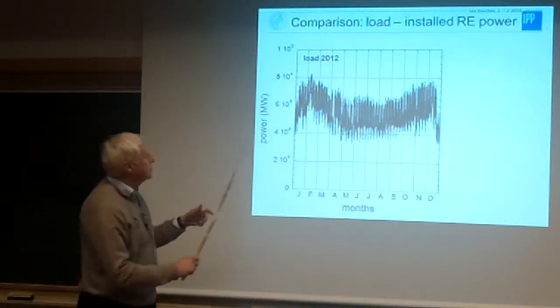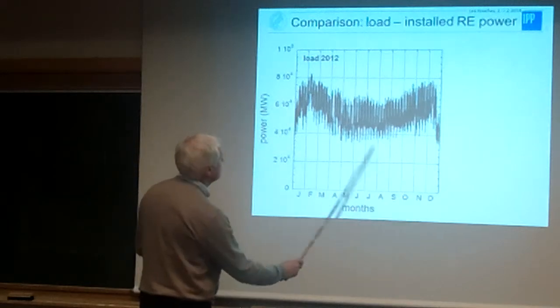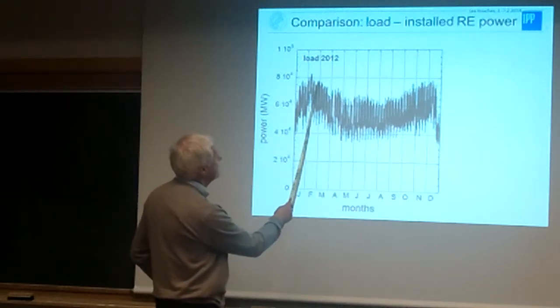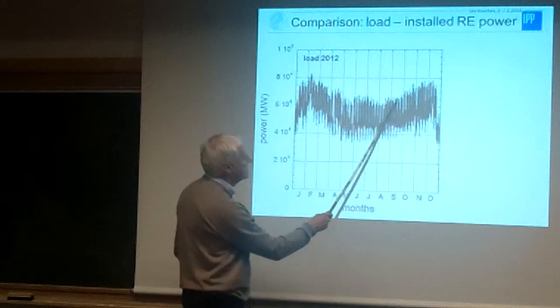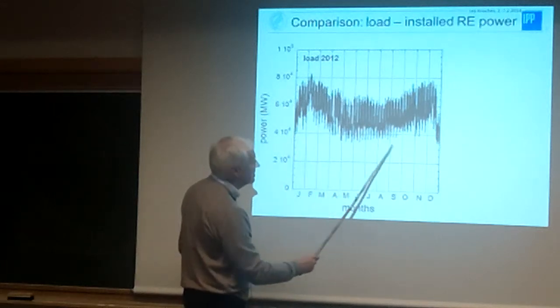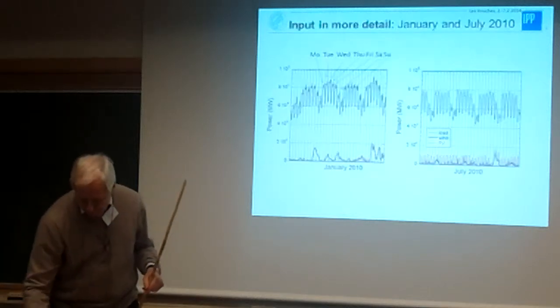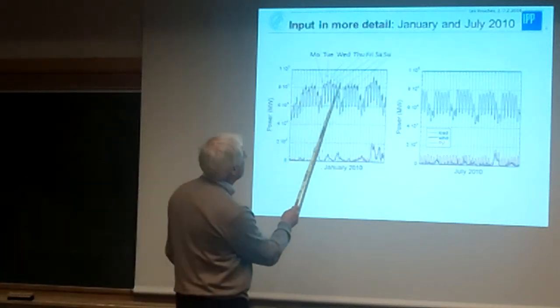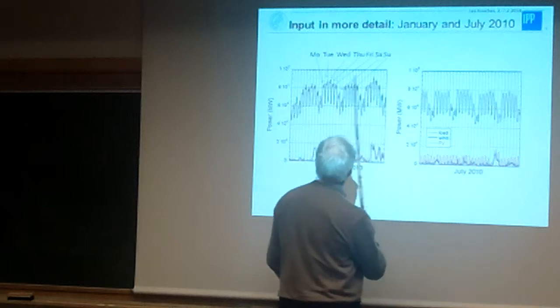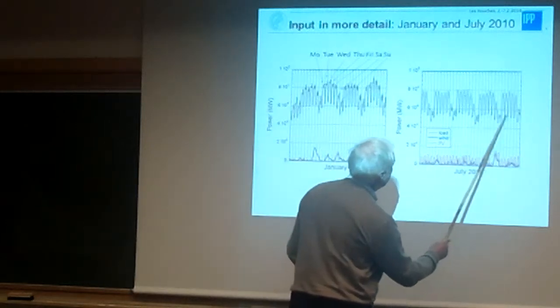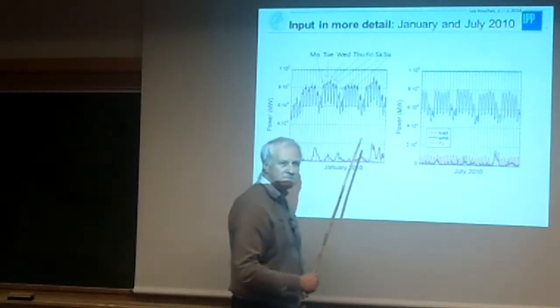No, this is what I said. This is January, this is December. So in winter we have, from the tendency point of view, more. In summer we have less. When you look at the peak value, the same when you look at the base value. So this is the peak value in winter, and this is the peak value in summer, and the base value in summer.